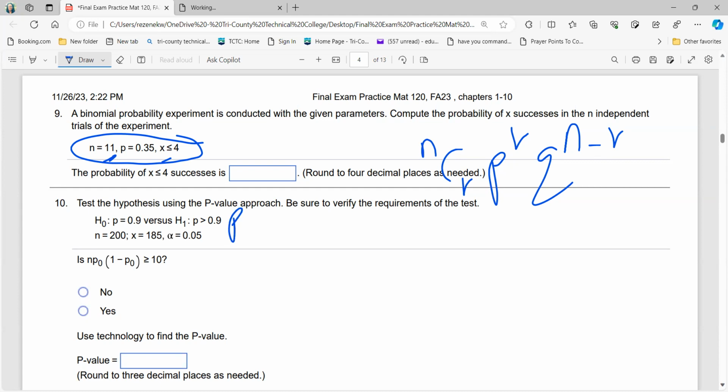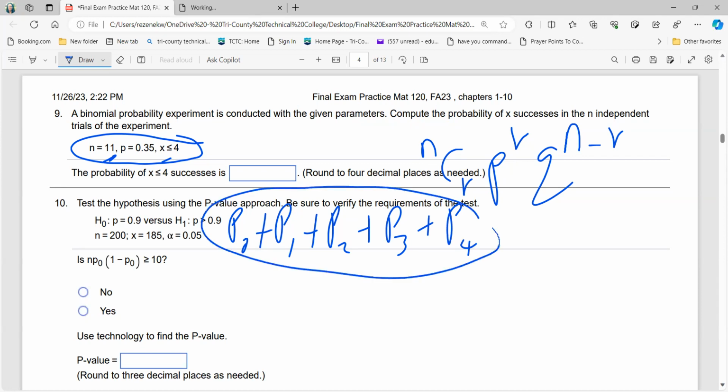So you're going to be finding P0 plus P1 plus P2 plus P3 plus P4. I hope you know you can plug this in the formula, but you don't need to do the long method.